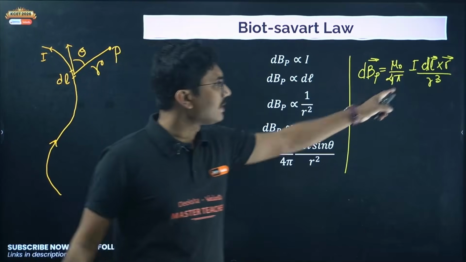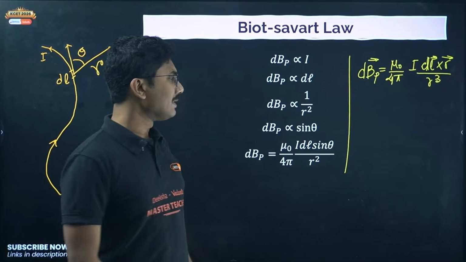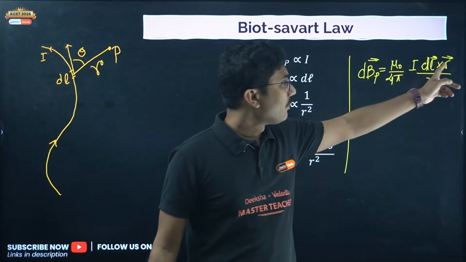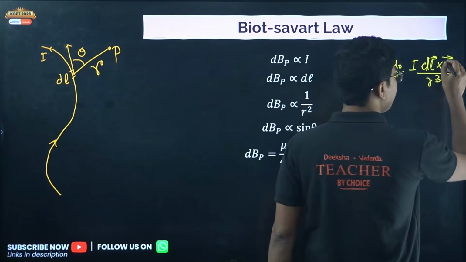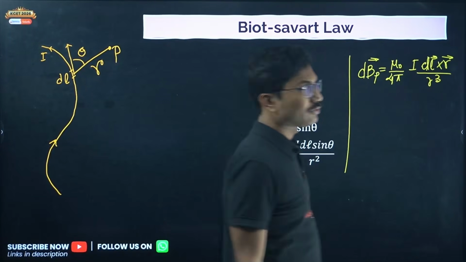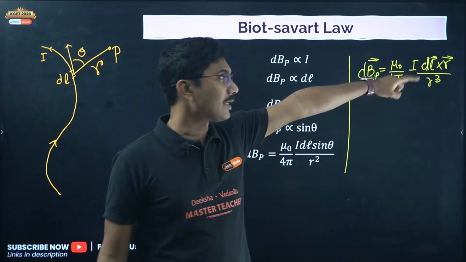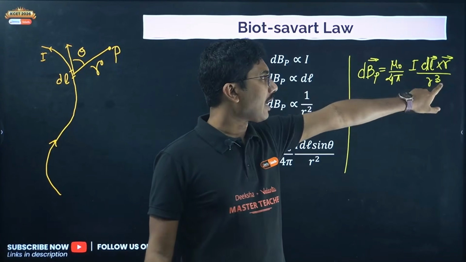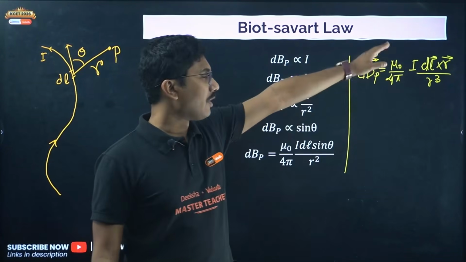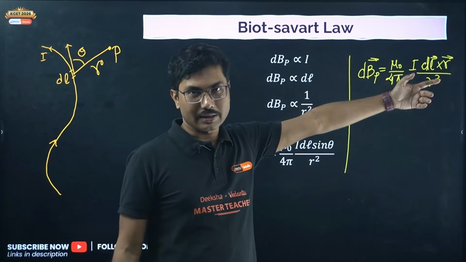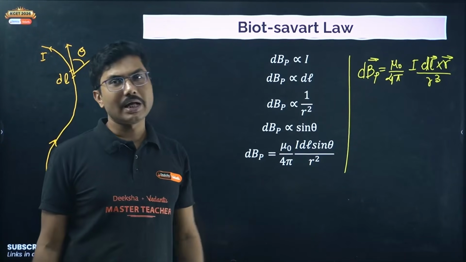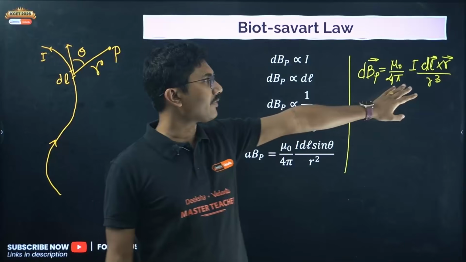Here is r square, here is r cube. Why is there a difference? The main difference is because we have multiplied by the r vector. So one r magnitude wise is more in the numerator, and that's why we have r cube over here. But if you take the scalar form, one of the r will cancel, and you get r square. So this is the scalar form, this is the vector form.